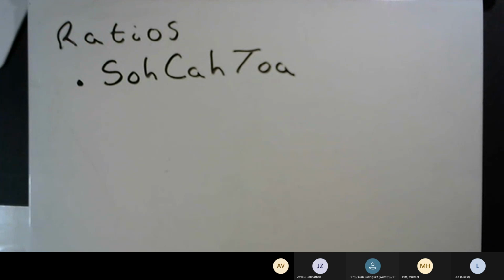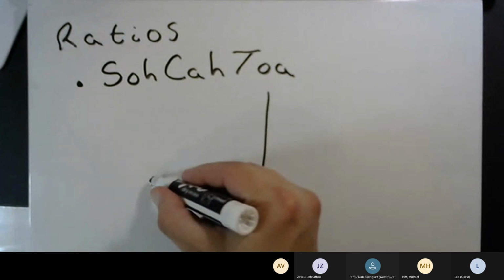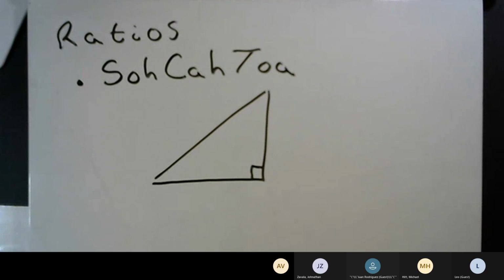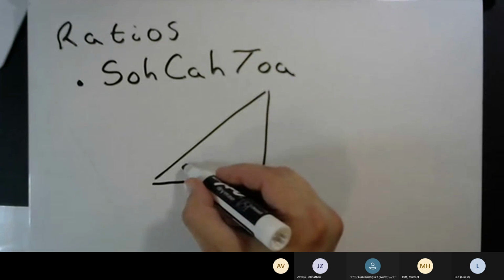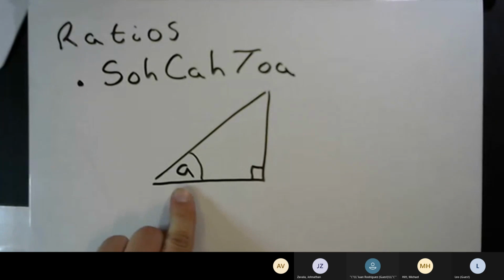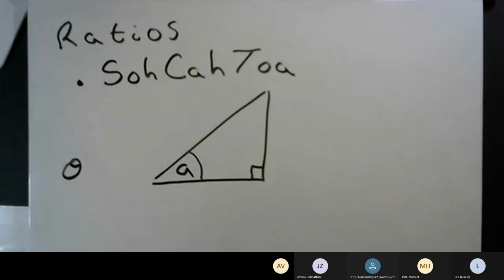Now, first off, when we talk about these ratios, take a look at a triangle. What we're going to do is choose an angle. Let's say we're interested in this angle. Oftentimes you'll see angles written with a symbol, sometimes this Greek letter theta, but we could use A, that's fine.